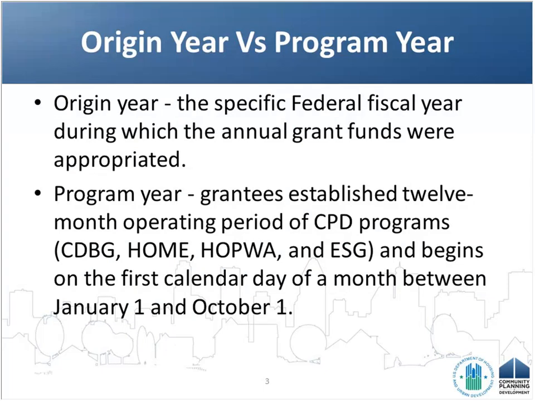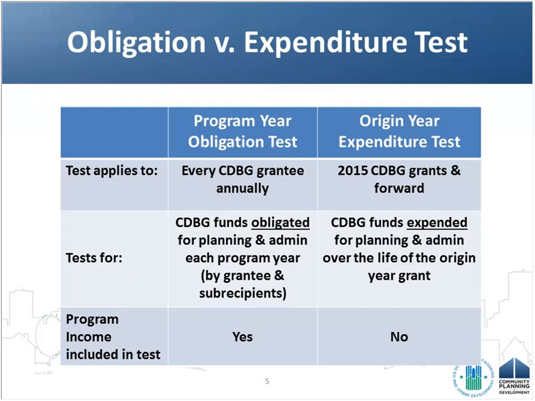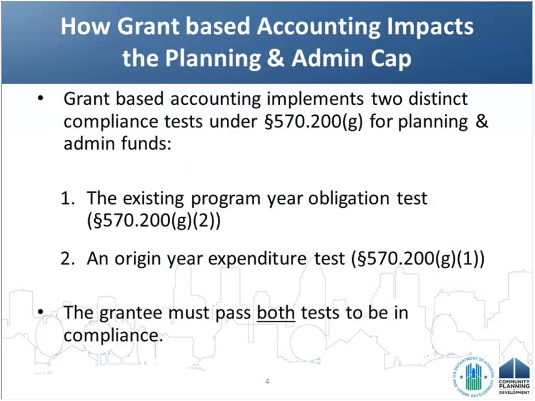The program year begins on the first calendar day of a month between January 1 and October 1. As most of you know, starting from the 2015 grant, HUD moved from the first in, first out disbursement method to a grant-based accounting method.